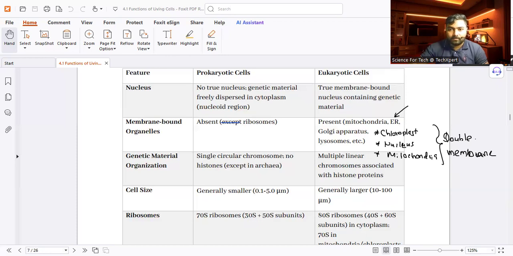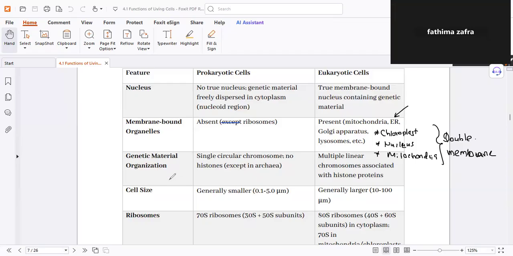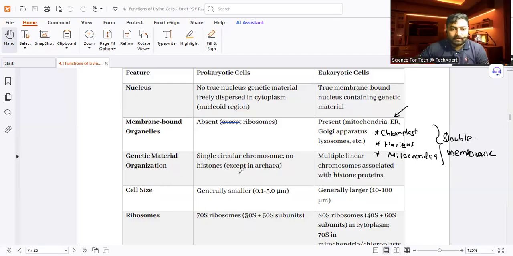Finish writing. That's it. Okay. Genetic material organization. And here I also gave you circular DNA and plasmid.